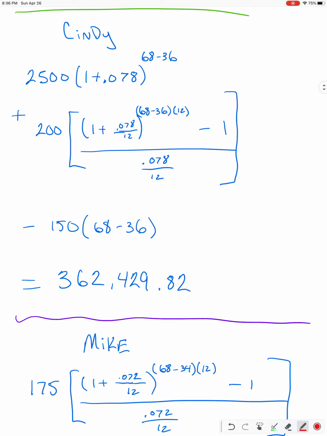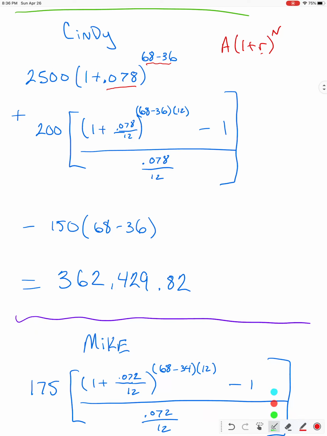So your amount that you start with times 1 plus the interest rate raised to the n. In this case, the n is years, so 68 minus 36 years. And the rate is 0.078 because it's 7.8%.